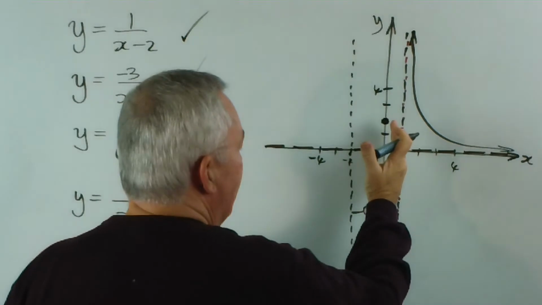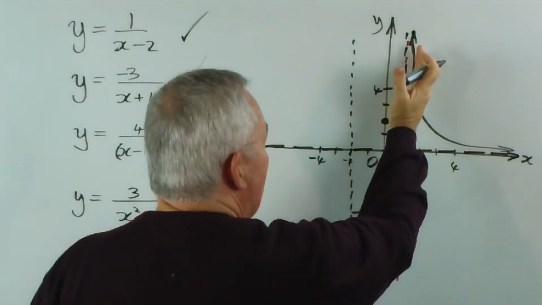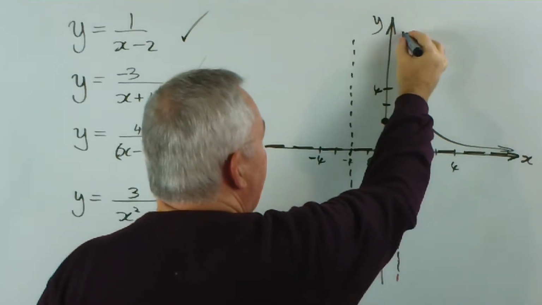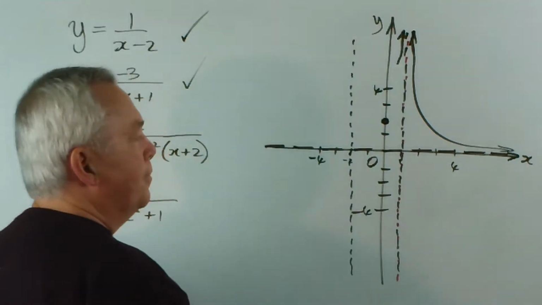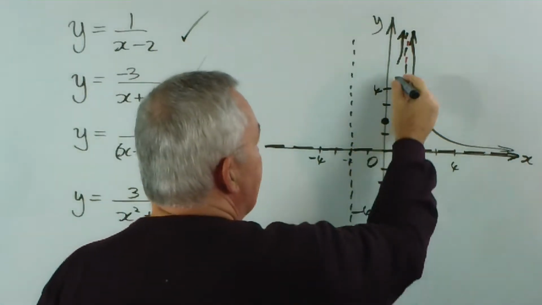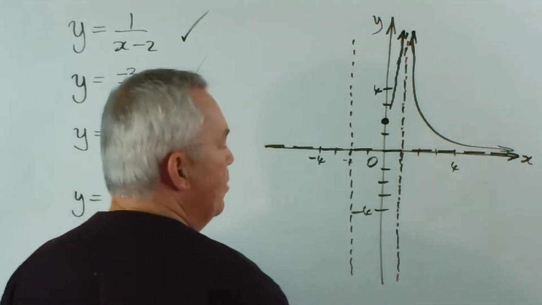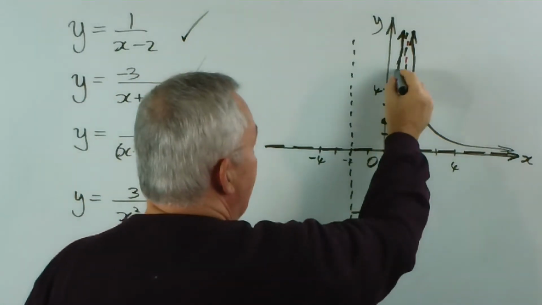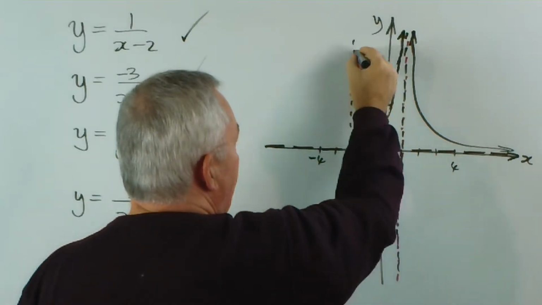Because this is a double asymptote, this part of the curve is reflected in it. And now this makes sense. The curve obviously comes down through here. This doesn't necessarily mean that's the minimum position. It might go through like that and back up.